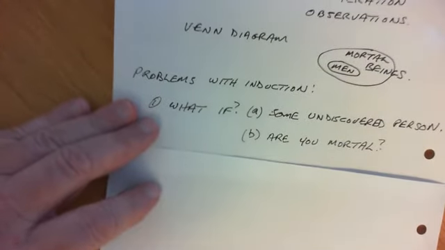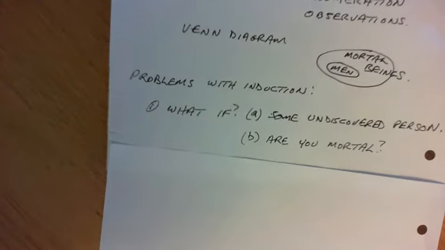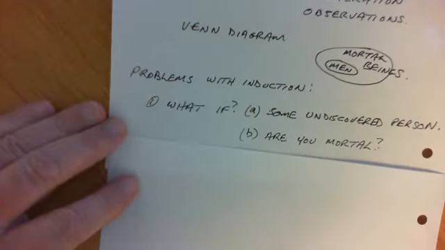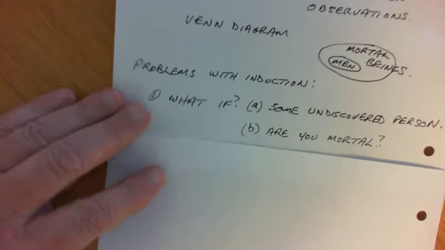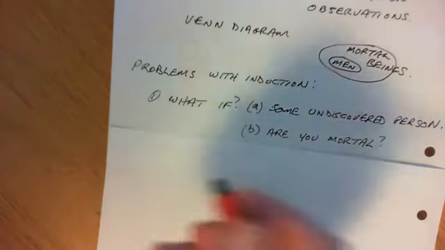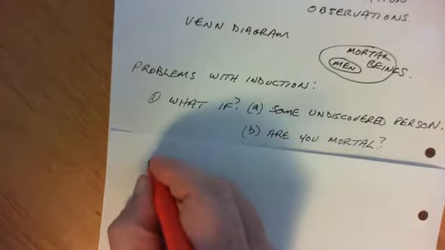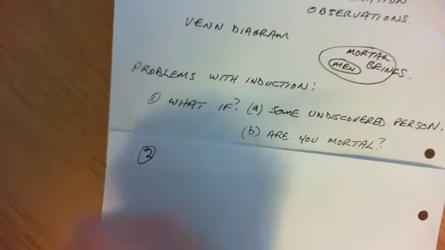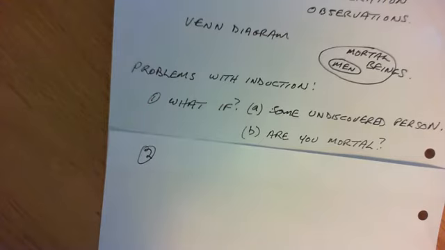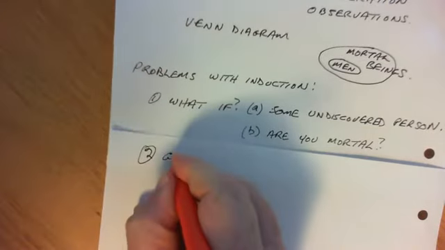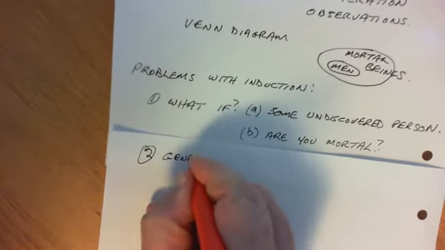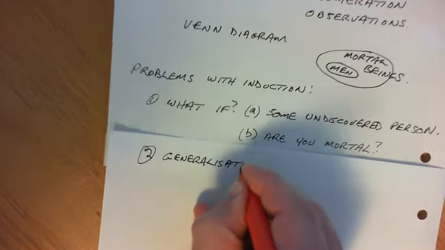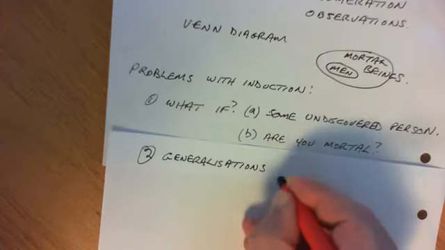Let's go to the next problem. It's a problem about using generalizations into the future. So I said the first one here is the what if. Let's say we go to 2 here, and the 2 is, call it, generalizations about the future.